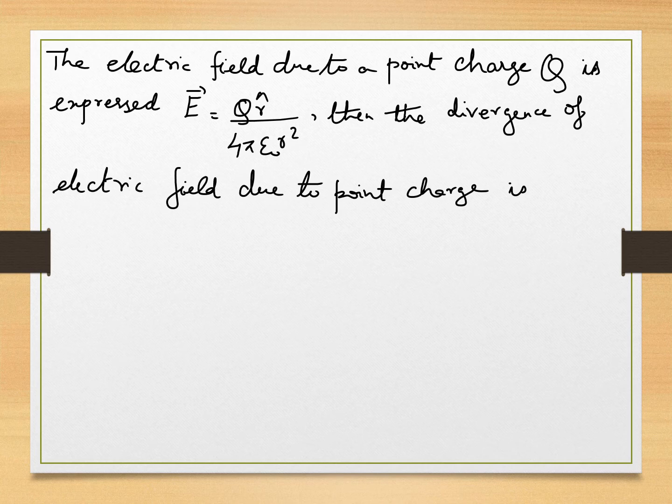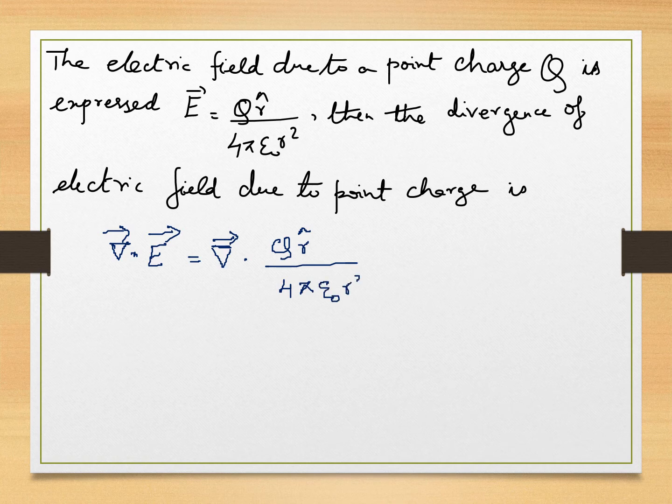So we have to determine del dot E. As there is a position vector, we will write del vector dot E vector, that is q r cap by 4 pi epsilon naught r square.